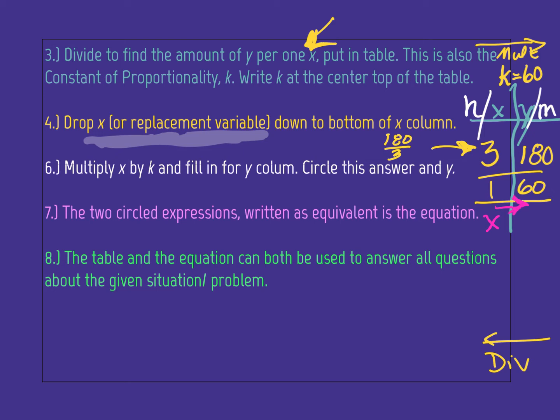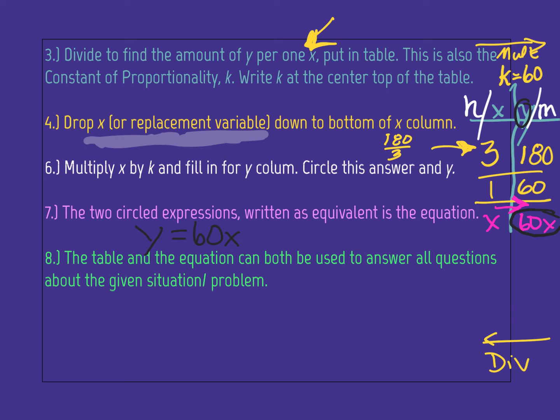And fill it in for the Y column. So X times 60 is 60X. Circle that answer and Y, that way I don't lose track of anything. I'm circling both. The two circled expressions written as equivalent is the equation. So that means I would have Y equals 60X as my equation. That makes sense, right?